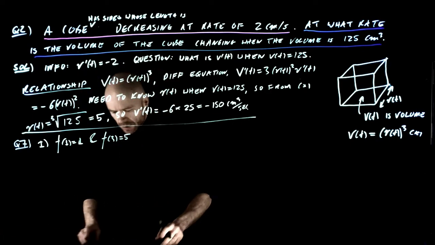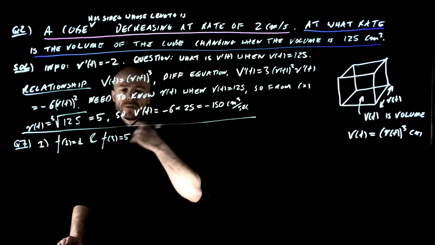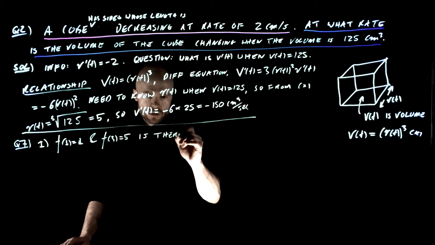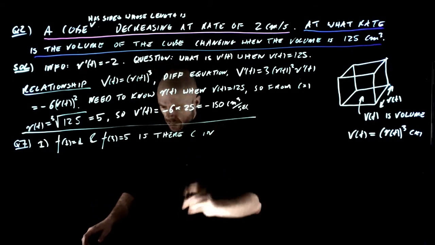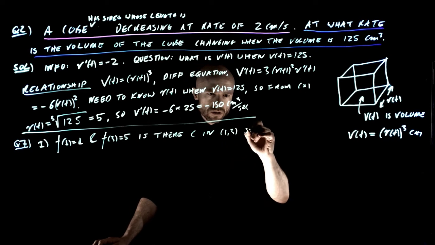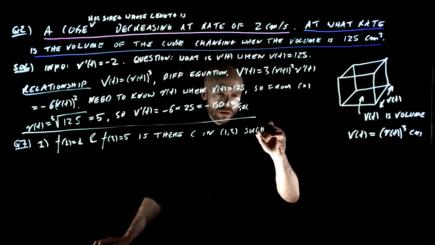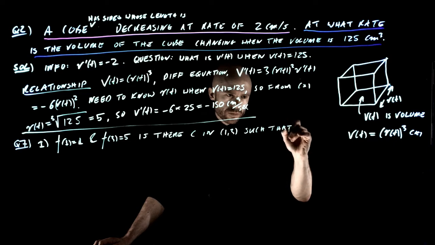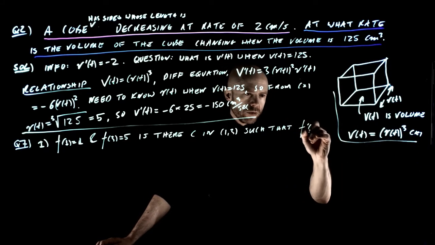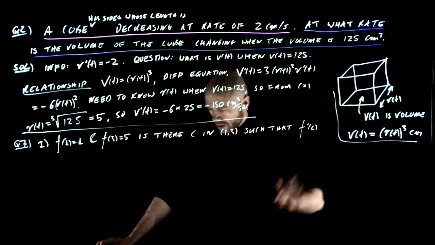And then it says, is there a number such that f prime of c is equal to 2? So is there c in the interval 1, 3 such that f prime of c is equal to 2?